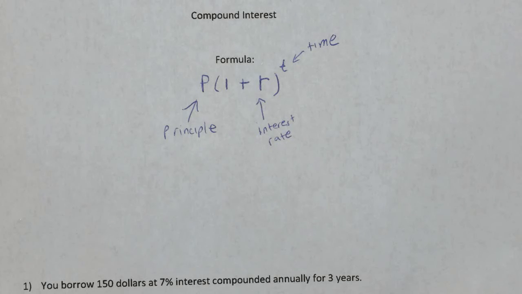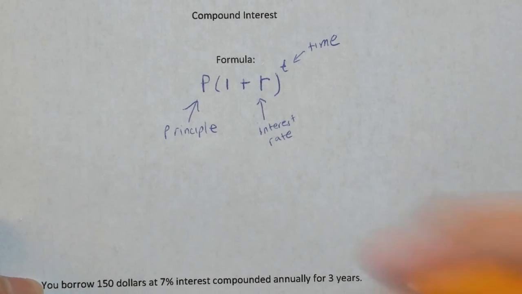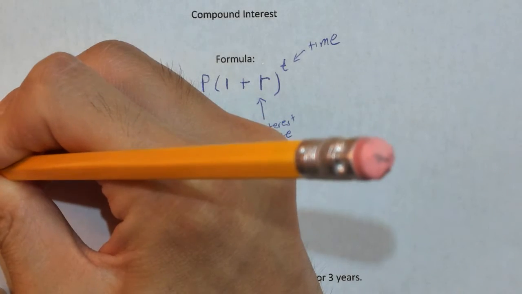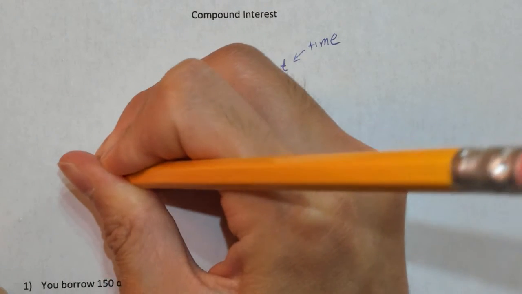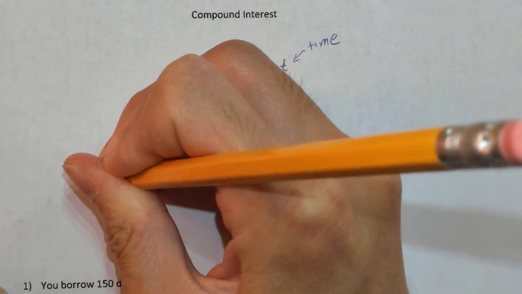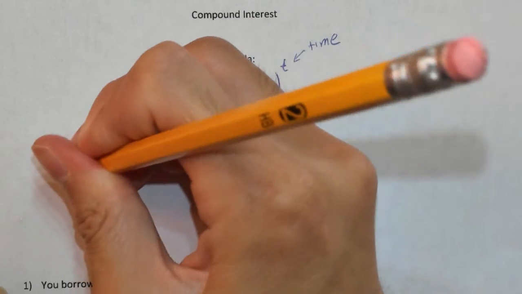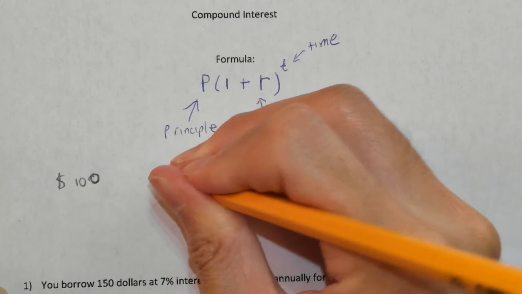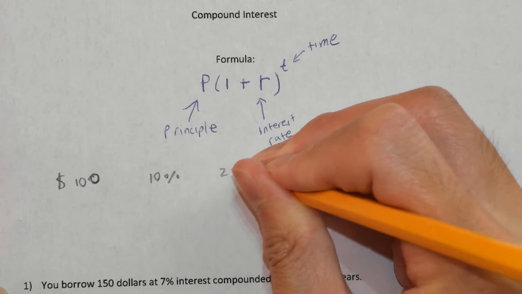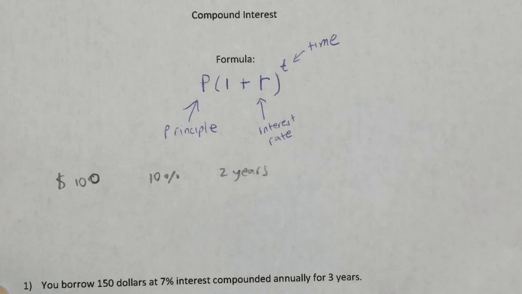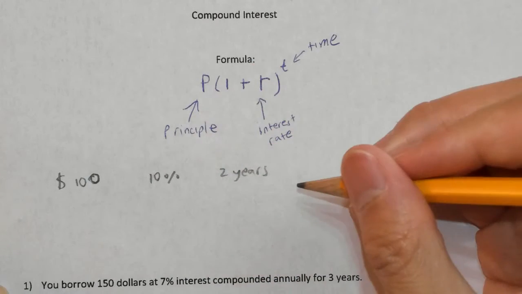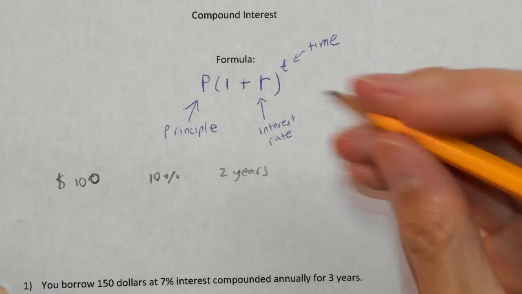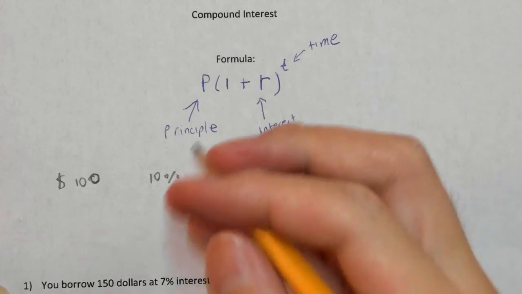For example, if you borrow $100 at 10% interest for 2 years, I should have made this cleaner, but it's all good.